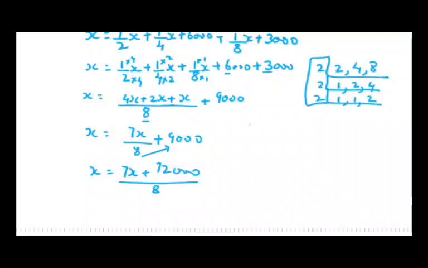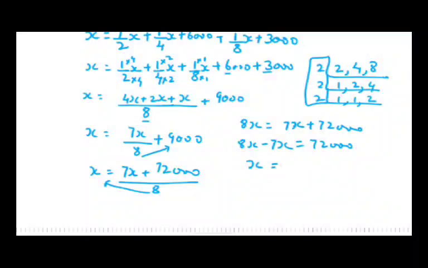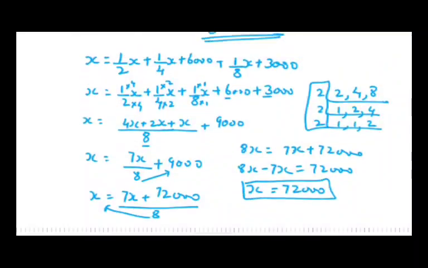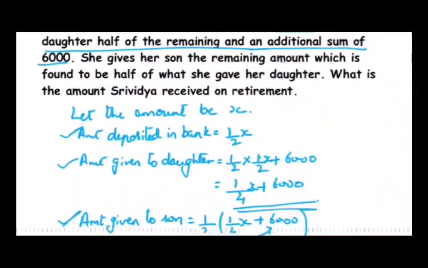I'm falling short of place, children. I'm going to take this 8 to the other side: 8x is equal to 7x plus 72,000. 7x goes to the LHS and acquires a minus sign. x is equal to 72,000. So what statement will I make?